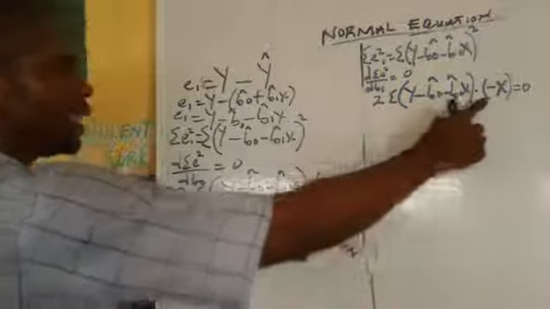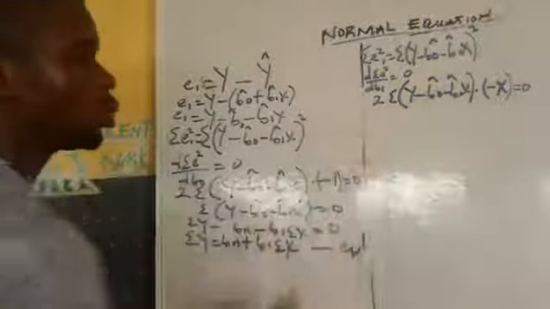Now, this minus times the 2, minus times 2 will give us minus 2, then times x will give us minus 2x.